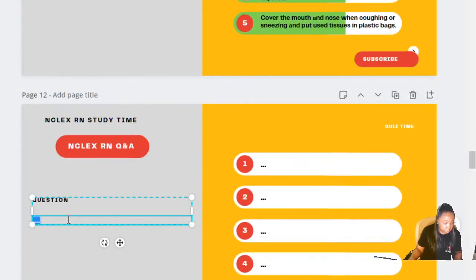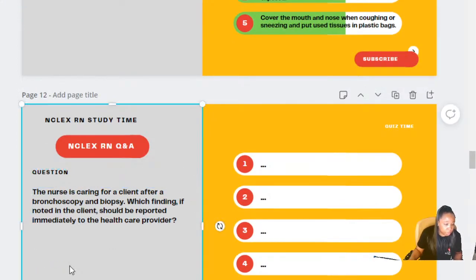Next question. The nurse is caring for a client after a bronchoscopy and biopsy. Which finding noted in the client should be reported immediately to the healthcare provider? Okay, the bronchoscopy is when they have to go through the lung.